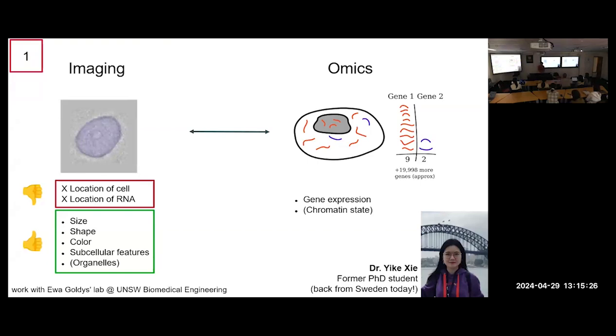We are trying to do other things, for instance, looking at cell size, shape, color, subcellular features, potentially organelles like mitochondria, nucleus, etc. And on the omics side we do gene expression in this paper because it's a proof of concept and it's easy, but you could do ATAC-seq or methylomics or whatever else. And the work is done together with Eva Goldis, who is a professor at biomedical engineering at UNSW.